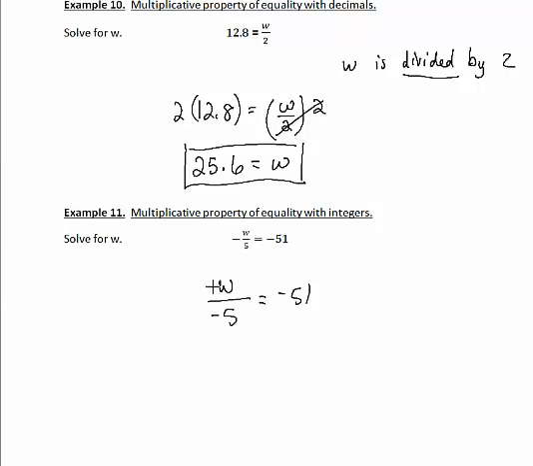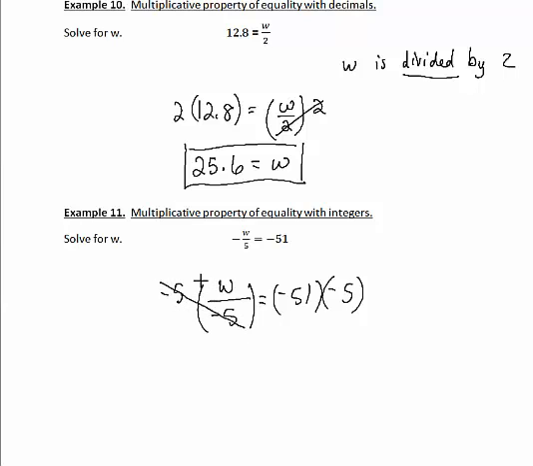And so I want to undo what's happening to the W. And that would mean that I need to multiply by -5. So I put both sides in parentheses, and then on each side I put a -5 outside the parentheses.